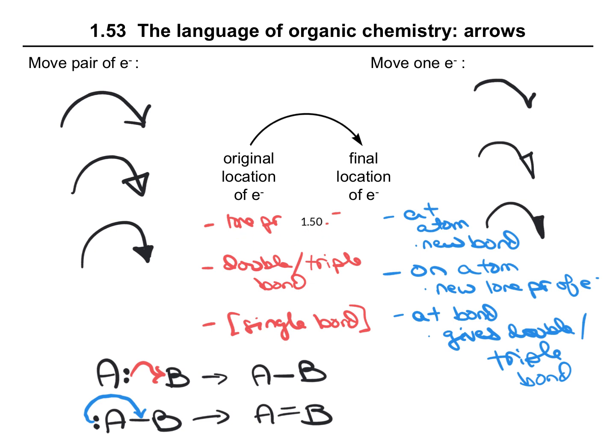In the first case, we are ending at the atom, so this is a new bond. In the second case, we're ending at a bond, which gives us a double bond. So we're going to see many reactions that involve starting with a lone pair, ending in any of these locations. We're going to see a number of reactions that involve starting with a double bond and ending at these various locations. So keep this in mind each time we're looking at a reaction.